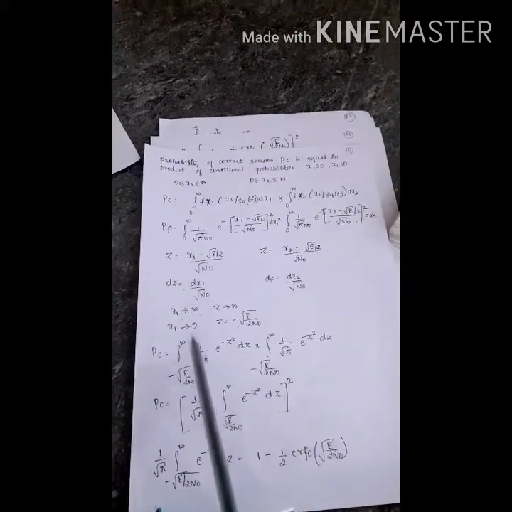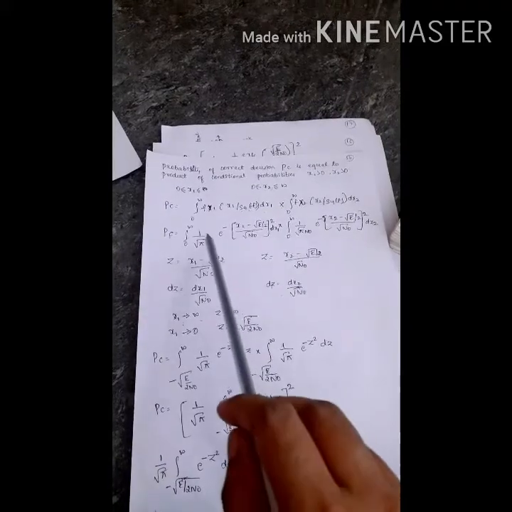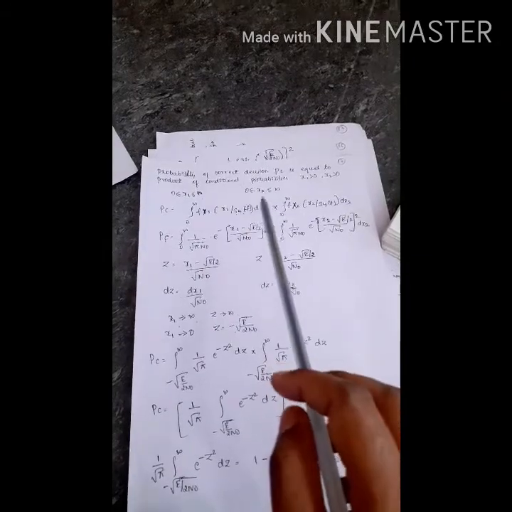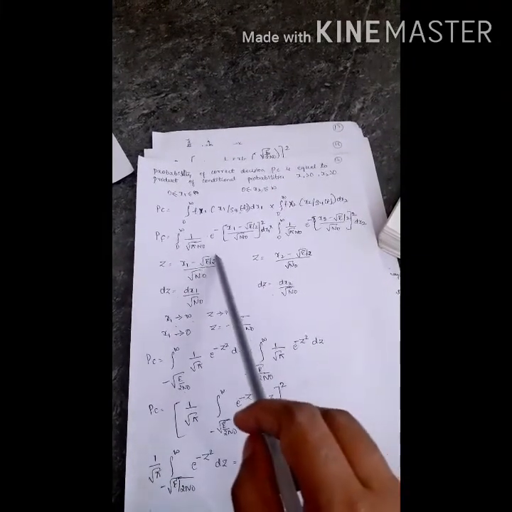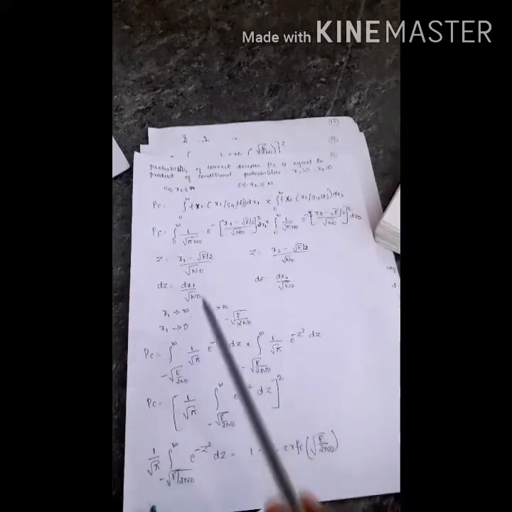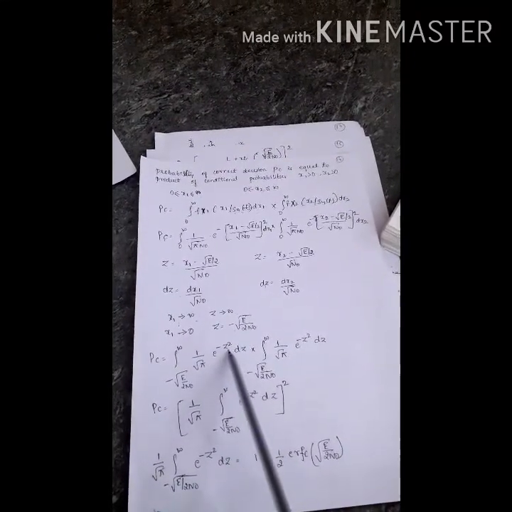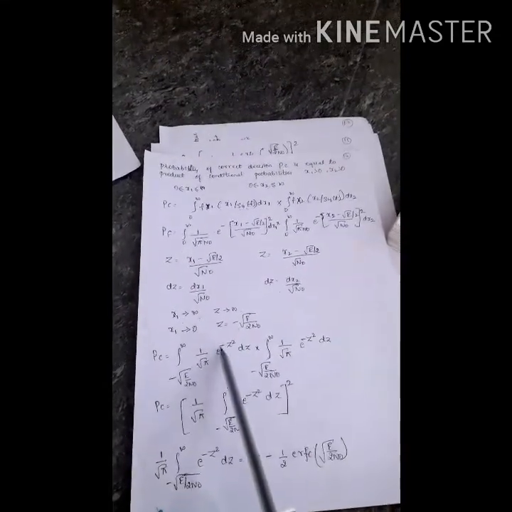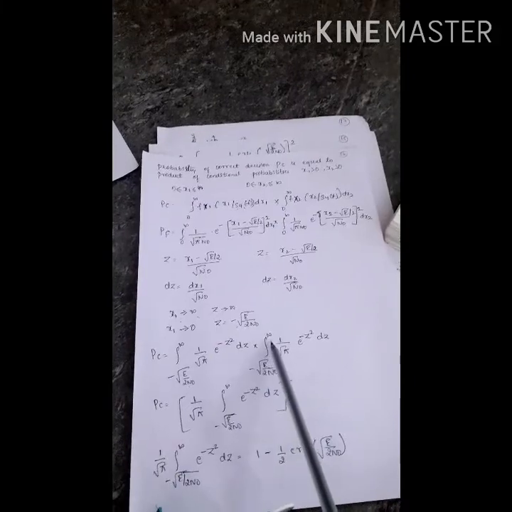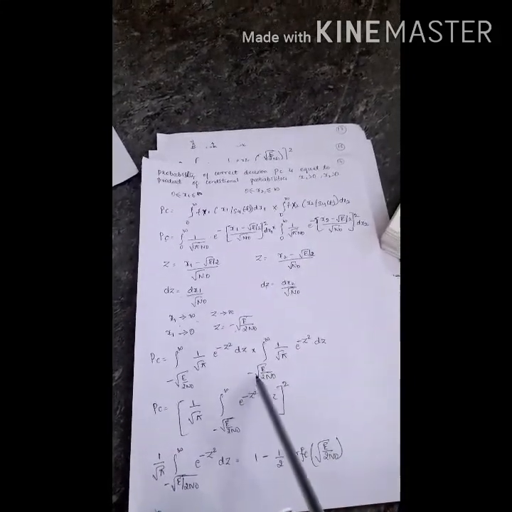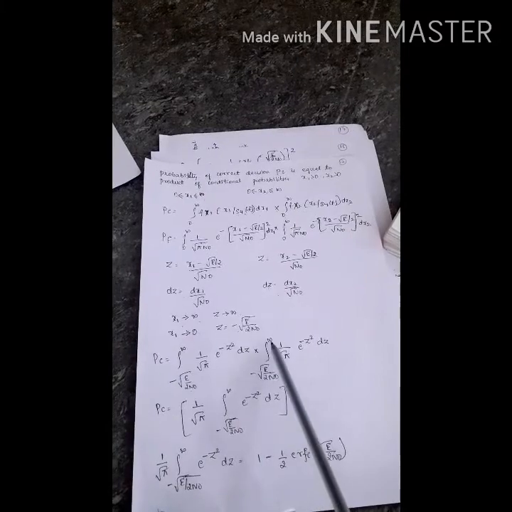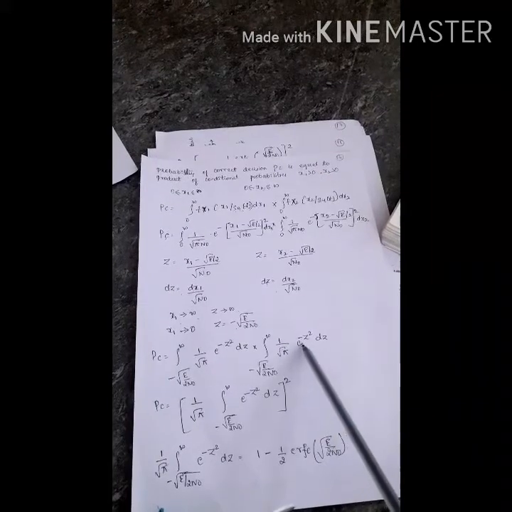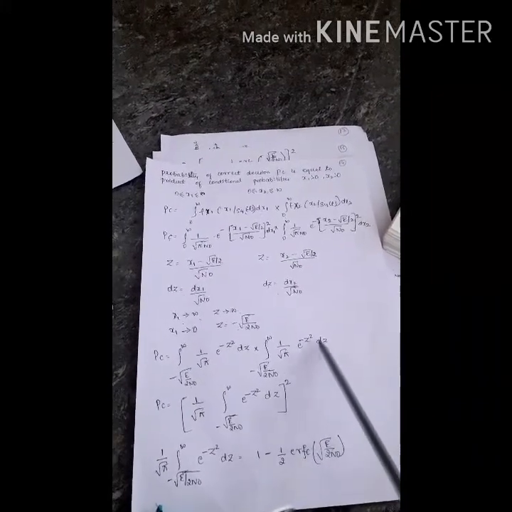So 1 by pi, because the N0 terms cancel. Now this is in z, so we write e to the power of minus z square dz, into the integral of the same form, where the limits again change from minus square root of E by 2N0 to infinity, 1 by square root of pi into e to the power of minus z square dz.